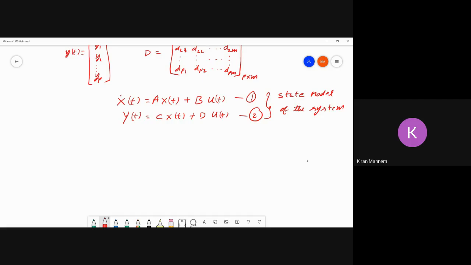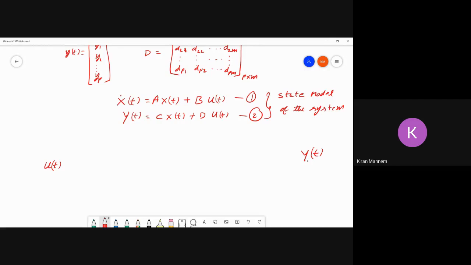Output is y of t, so I'm writing y of t here. Now what is the input? Input must be u of t. So I should draw the block diagram between input and output, satisfying these two equations. Since it's a multivariable system, I use double lines to represent the variables.